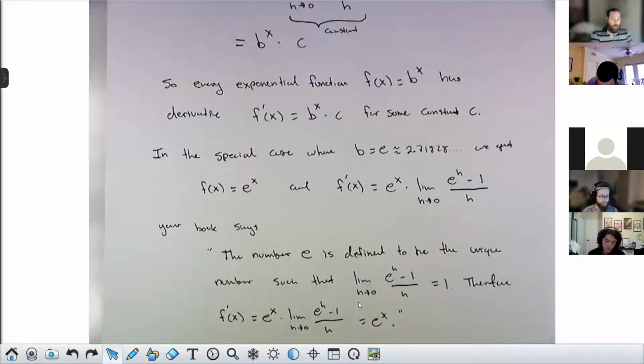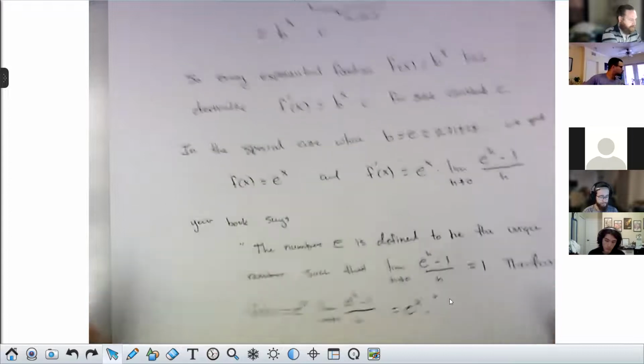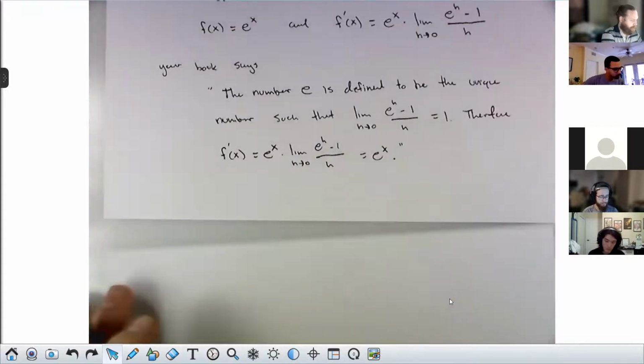I can show you the connection between the normal definition of the number e and this alternate definition. I don't want to burn too much class time on it. So before I do that, let me just say the result is what you think it is.